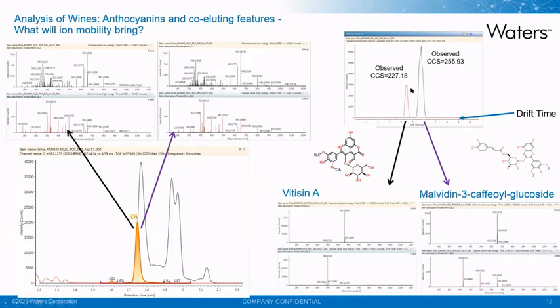From this and looking at their drift time separation, we can produce much cleaner spectra, which has allowed these two different molecules to be identified as cysteine A, which is produced during the fermentation process in wines, and a flavonoid. So that's already shown how ion mobility improves the confidence you can have, just by cleaning up that spectra and allowing you to more accurately perform your assignment of analytes.